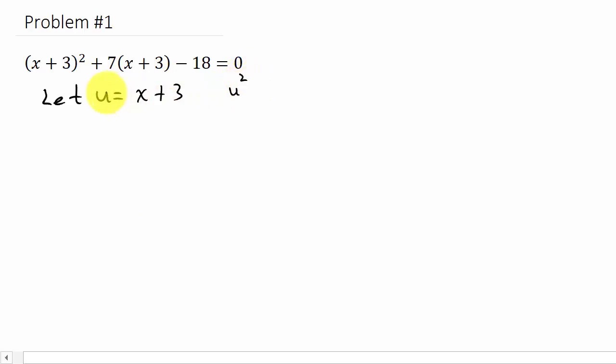So u squared is equal to x plus 3 squared. You can see when I take this term, the x plus 3, and I square it, I square the u, so that's u squared. Then I square the x plus 3, so that's x plus 3 squared. I end up with this term.